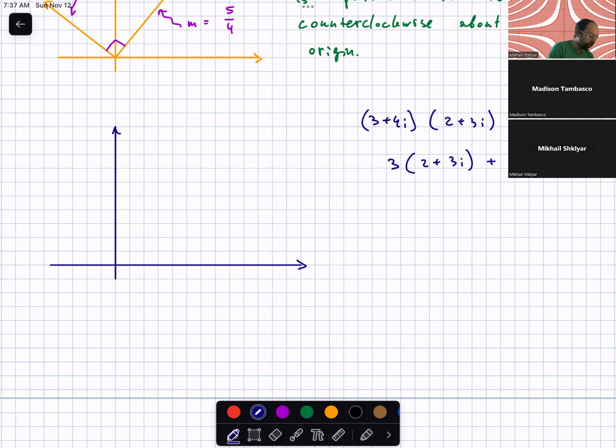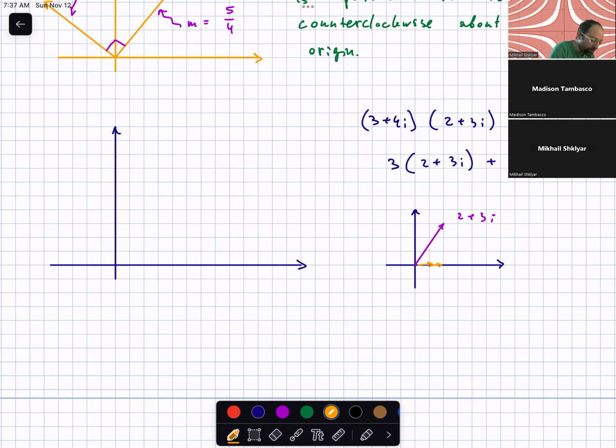Okay, so I'm going to draw on the side over here the number 2 plus 3i. Here's the complex number 2 plus 3i, which essentially says go 2 units to the right and go 3 steps up. Let me change that color to orange.